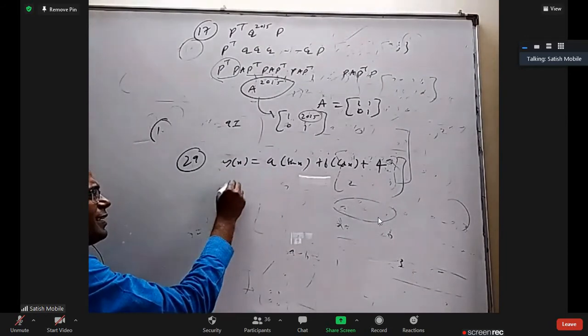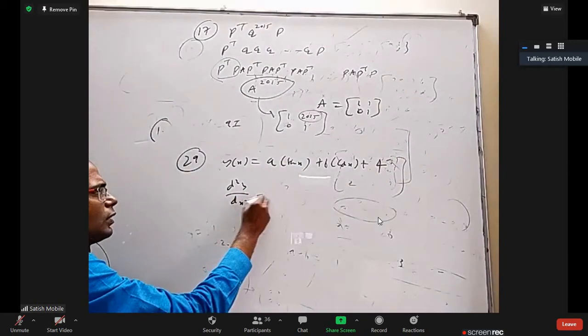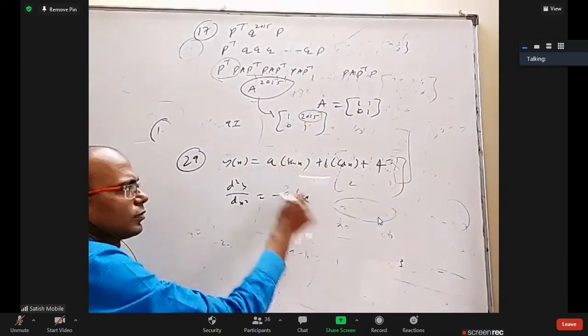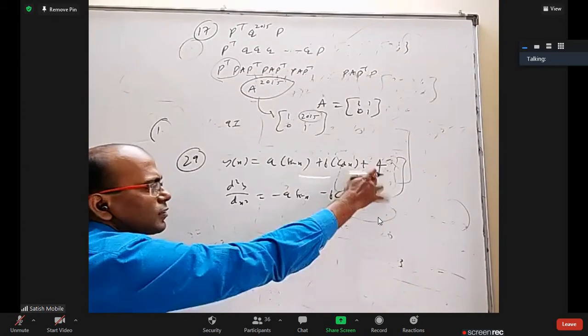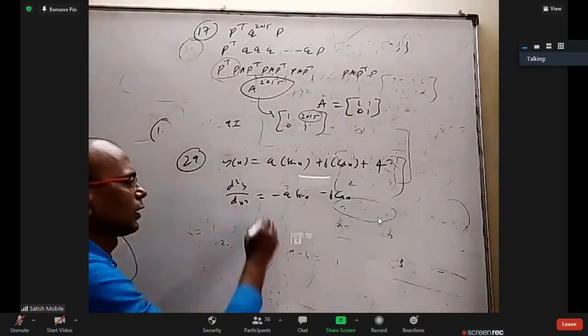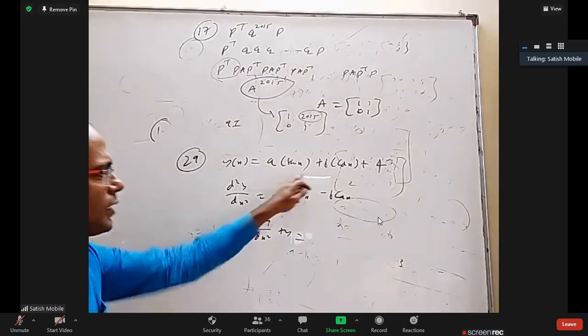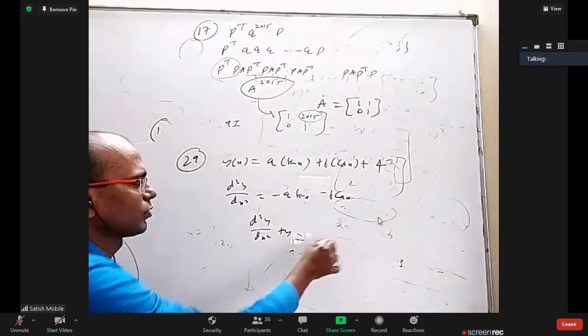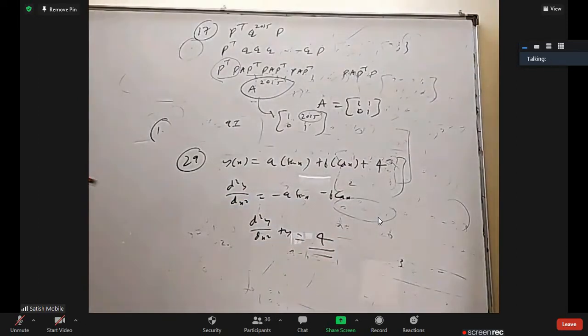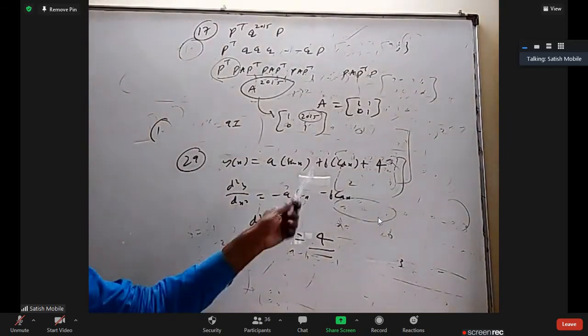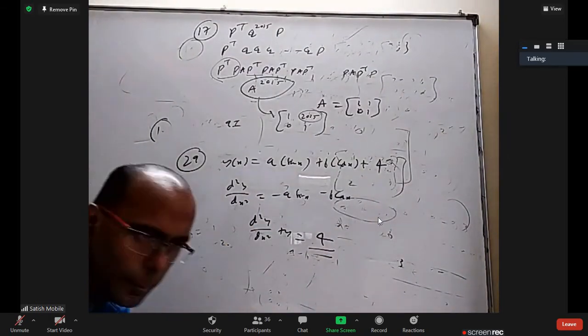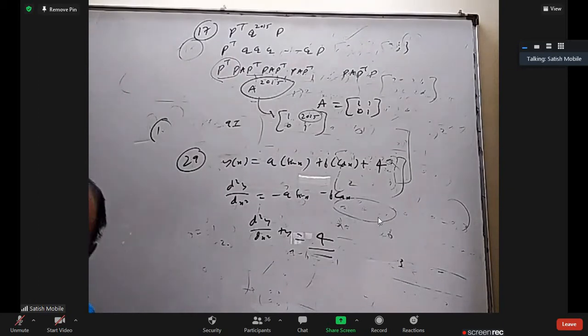Now, when you find d square y by dx square, you will get minus a sin x, minus b cos x, but the constant will become 0. Now, if they want d square y by dx square plus y, when you add these two, this will cancel, constant 4 will be left. That's all. So a and b is not important, it doesn't matter. Is it okay, 29? Yes, sir.